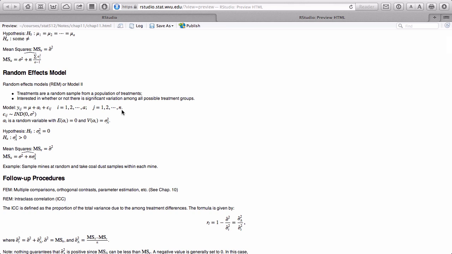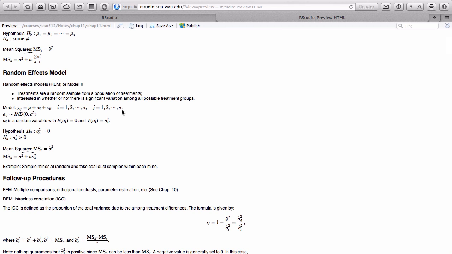So if I have a random sample of these treatment effects, then the alphas are random variables, and I'll assume that they have a mean of 0. If they're not, I could move the non-zero part over to mu. So it's not restrictive to make this assumption that the alpha sub i's have a mean of 0, and a variance of sigma squared sub a.